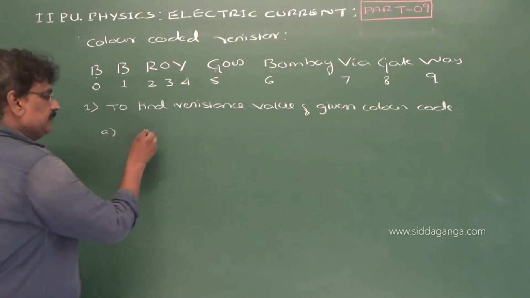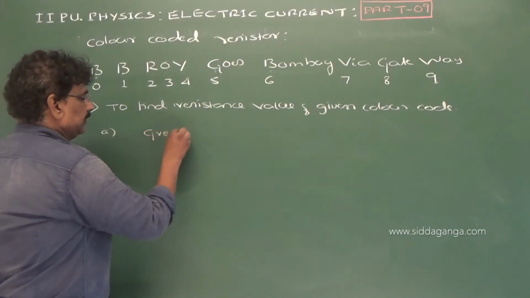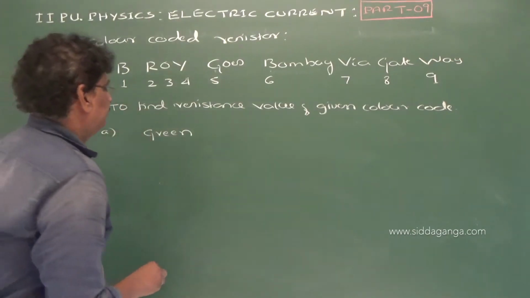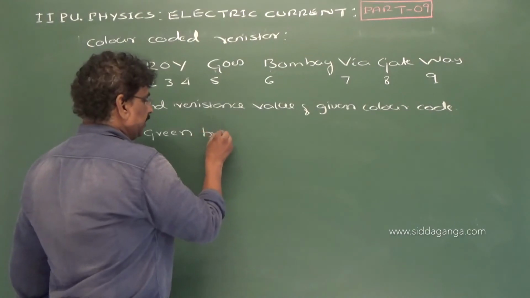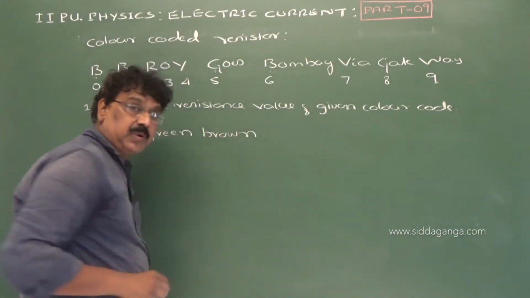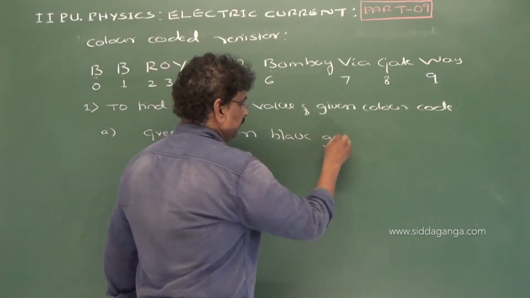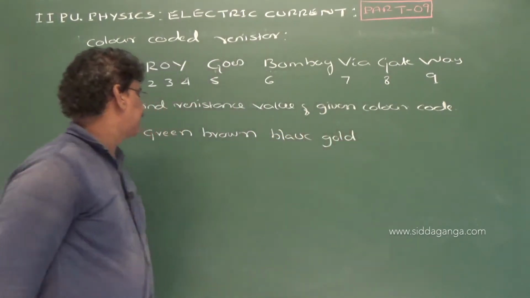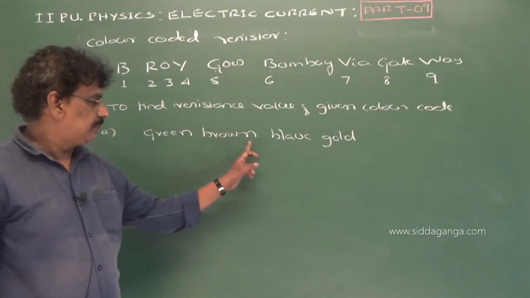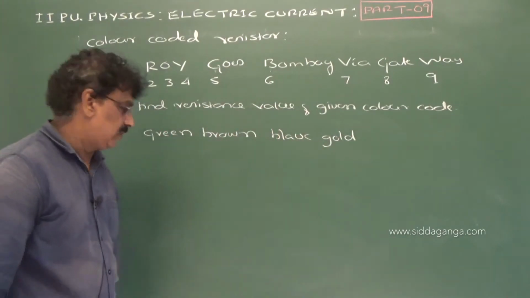Right, here green, brown, black, gold. Green, brown, black, gold.